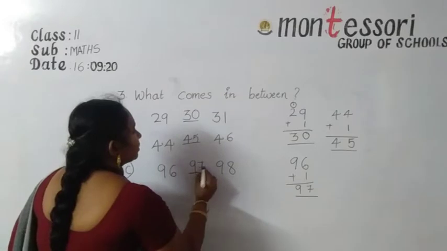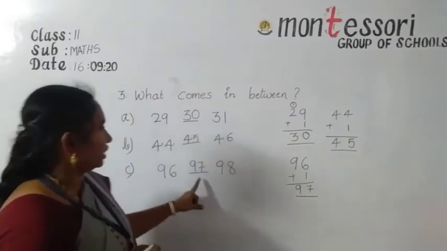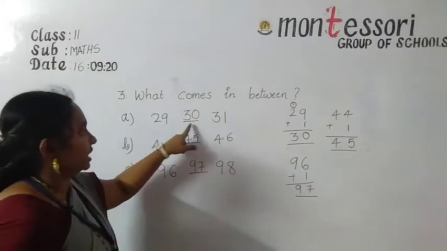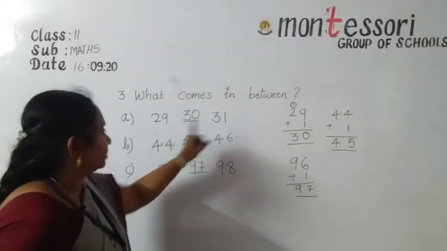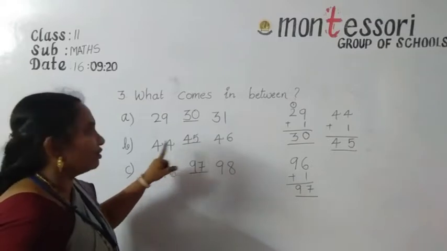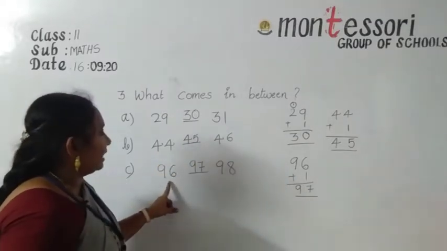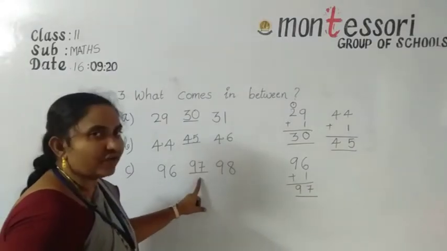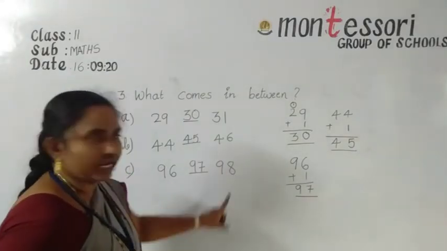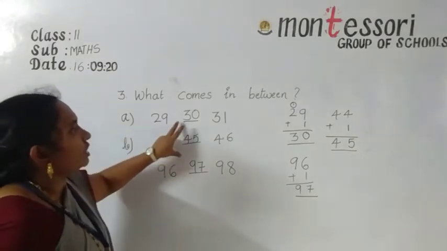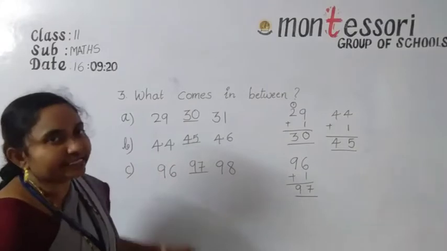I am writing 97 in the blank. Understood? So the first one is 29, 30, 31. Next, 44, 45, 46. Next, 96, 97, 98. These are the 3 problems given in your textbook. Write the answers in your textbook.